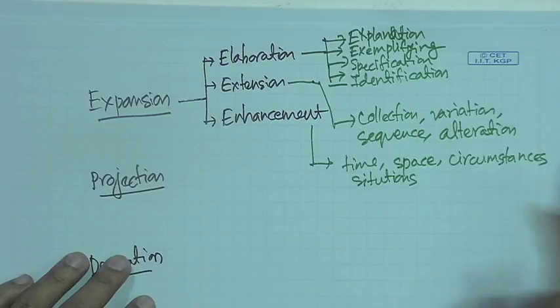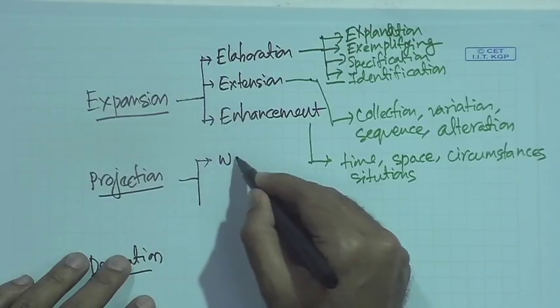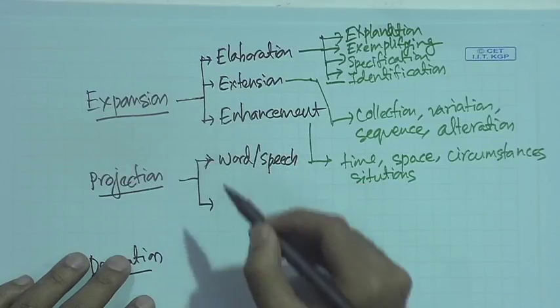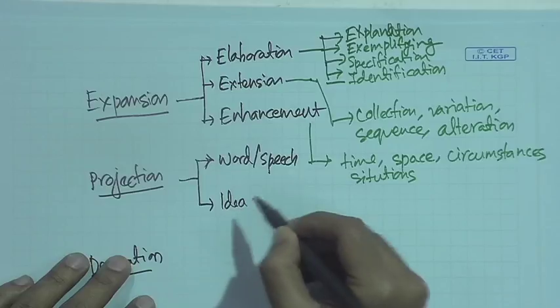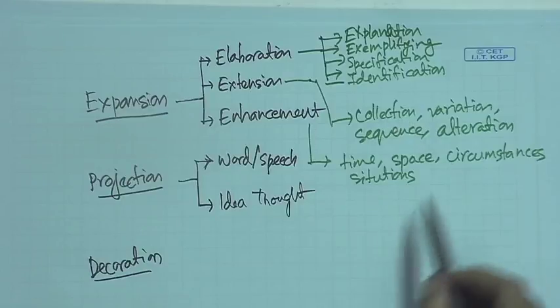Projection, as we talked about, works on two mechanisms. One is by word or speech, so what you are trying to talk about, and the other is the idea or thought. So, this is the whole framework, and decoration is where you are enhancing without any apparent implication on the meaning. It is just an add-on which really does not impact the meaning or overall understanding of the message.